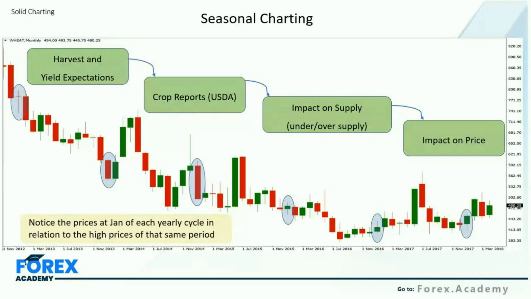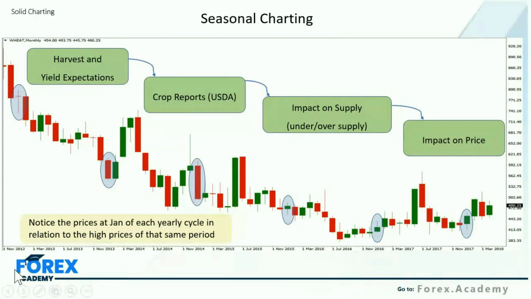The impact that could have on supply might go up, might go down, and therefore that has a direct impact on the potential price of that particular crop as well. So the one thing I'd like to draw your attention to is we've highlighted the month of January each year over the last 6 years. So you can see the January highlighted on your screen over the last 6 years.